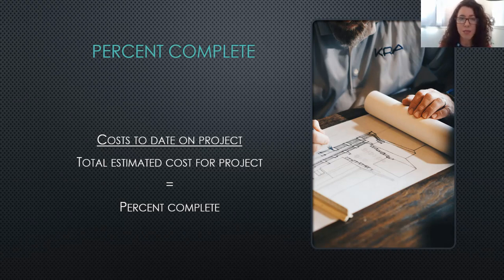Now, that's a pretty simplified version, but at least it gets you started. I'm going to go a step further and give you some examples, but you can see that we're back to this date. So how much cost did you have as of a certain date divided by how much the total cost is, right? Okay, so that would be percent complete.